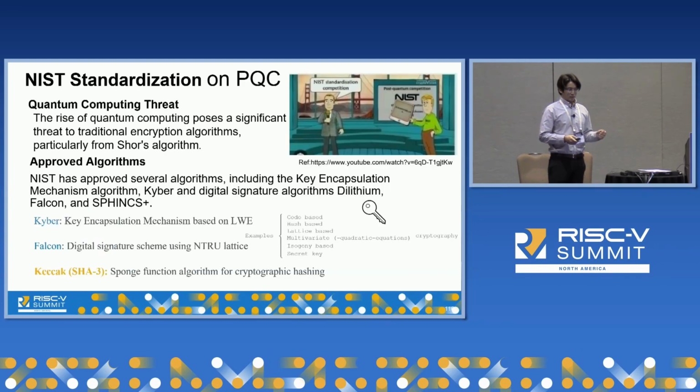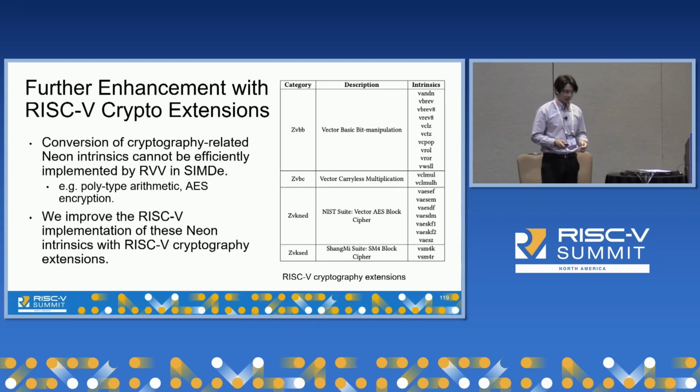Besides the vector extensions, we have further moved on to the crypto extensions. Why is the crypto extension important? Because of the threat of quantum computing, there is a potential threat of breaking traditional encryption algorithms, so NIST has approved several algorithms which need crypto extensions to compute efficiently.